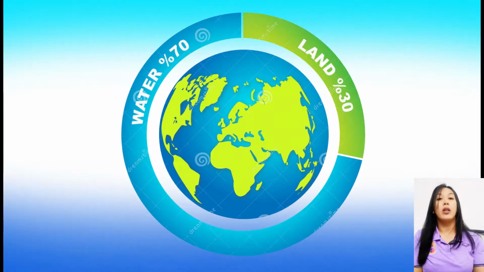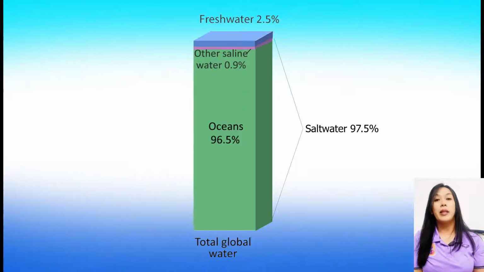But not all water that we can see on the surface of the earth is actually safe to consume. Actually, 97.5% of it is salt water, and only 2.5% is fresh water. We will go in depth with salt water and fresh water later on in our lesson.